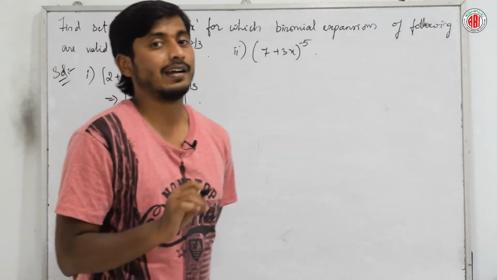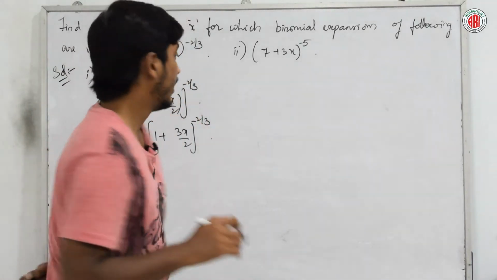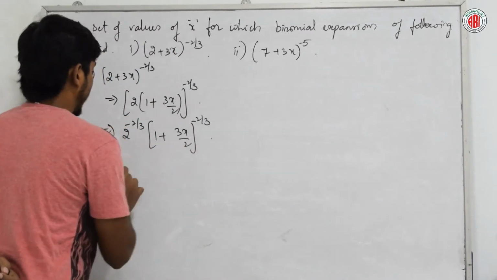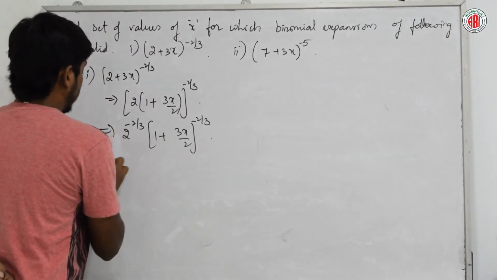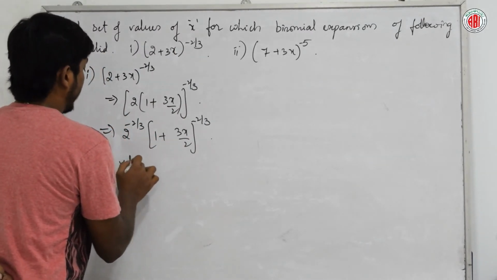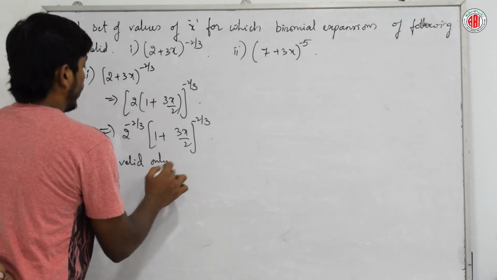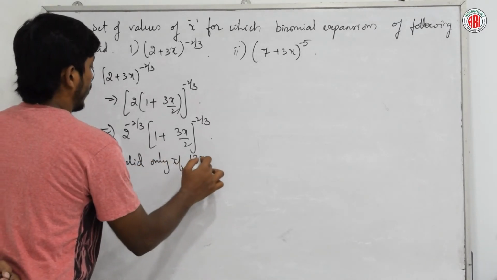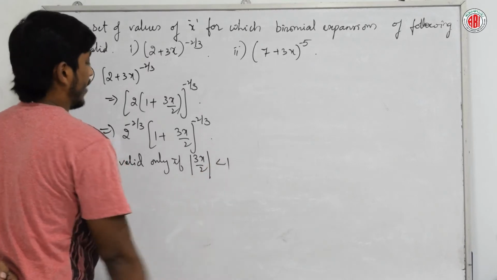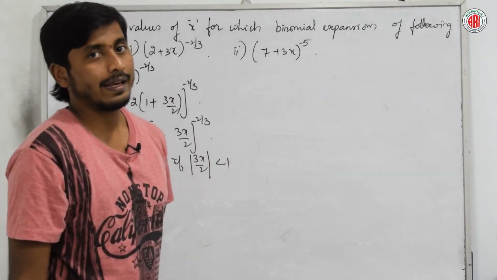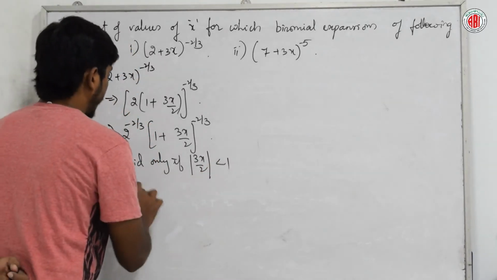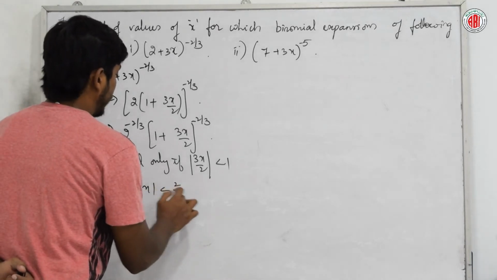It is valid only when the ratio is less than 1, that is, the expansion is valid only if mod 3x by 2 is less than 1. Clear? So what does this mean? Mod x is less than 2 by 3.